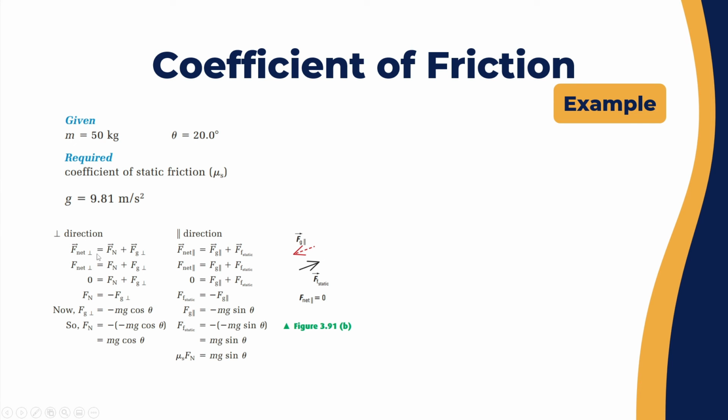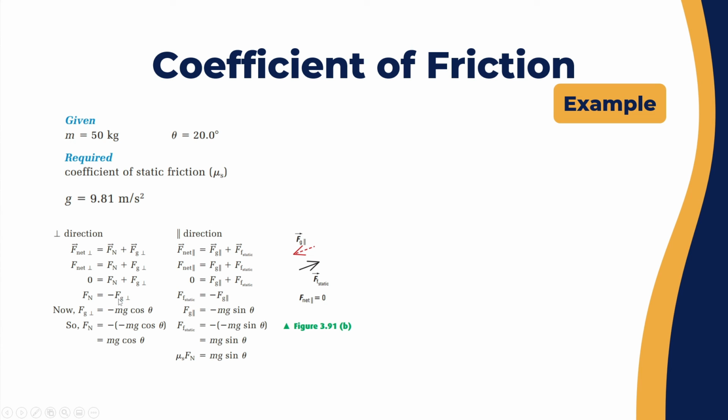The F net perpendicular equals the normal force plus the gravitational force perpendicular. F net is 0 because we have a static object, and F parallel net is 0 as well. In this case, the normal force equals minus the gravitational force perpendicular. If we go back to the free body diagram, F gravitation perpendicular equals F gravitation cosine theta. We know F gravitation is mass times the gravitational acceleration.